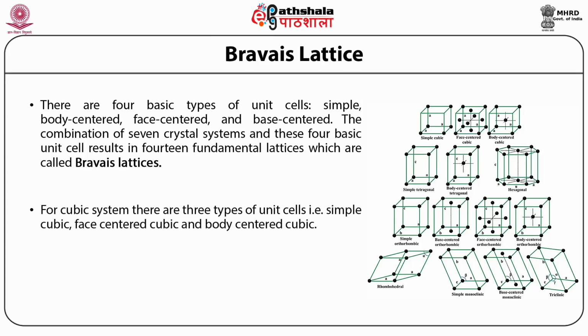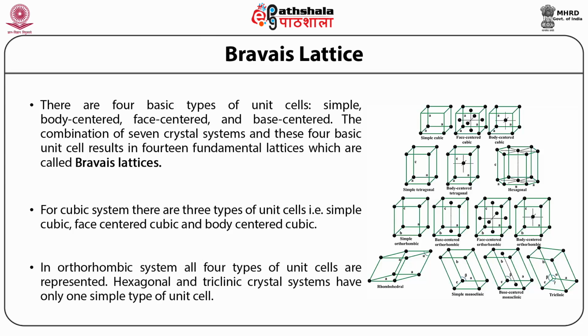For the cubic system, there are 3 types of unit cells, that is, simple cubic, face-centered cubic and body-centered cubic. The tetragonal system has only 2 types of unit cells, simple tetragonal and body-centered tetragonal.